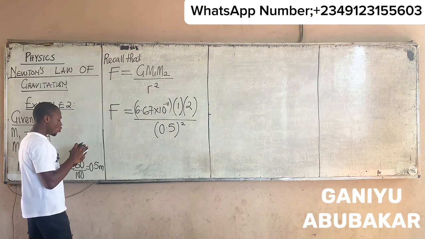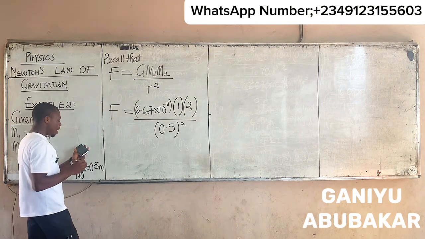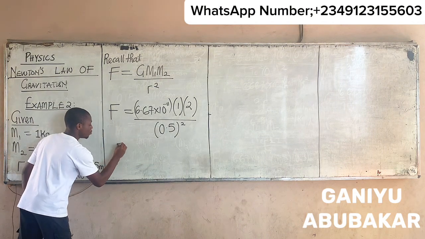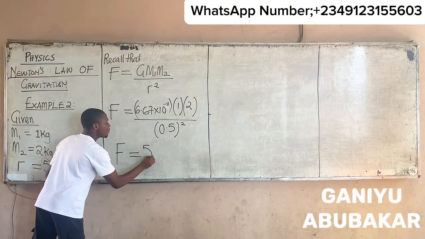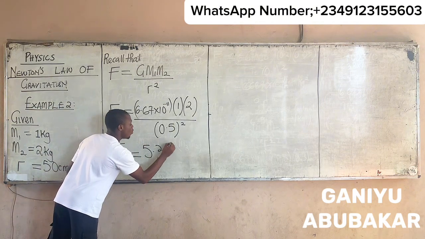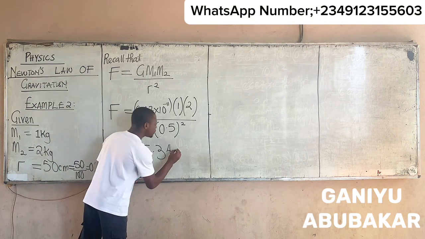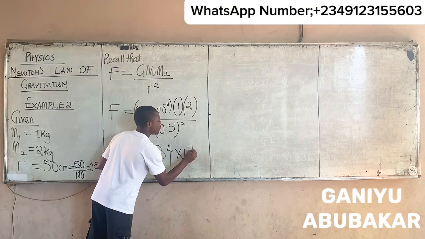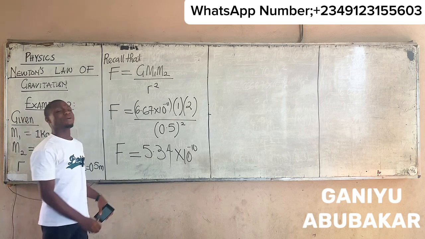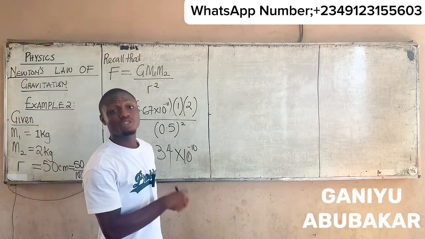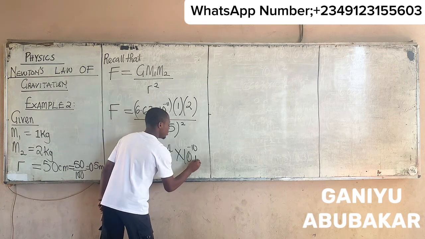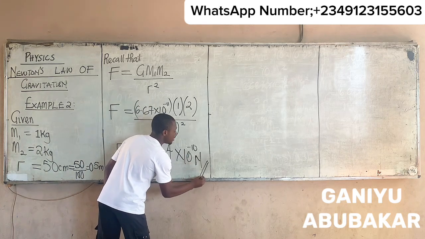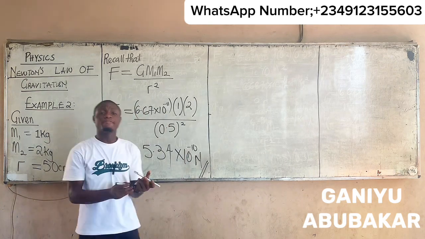If I punch correctly from here, my force F should be equal in value to 5.34 times 10 to the power minus 10. What is my unit here? My unit is Newton. Why? It's force, please. So here it is Newton. I'm done with finding my force.